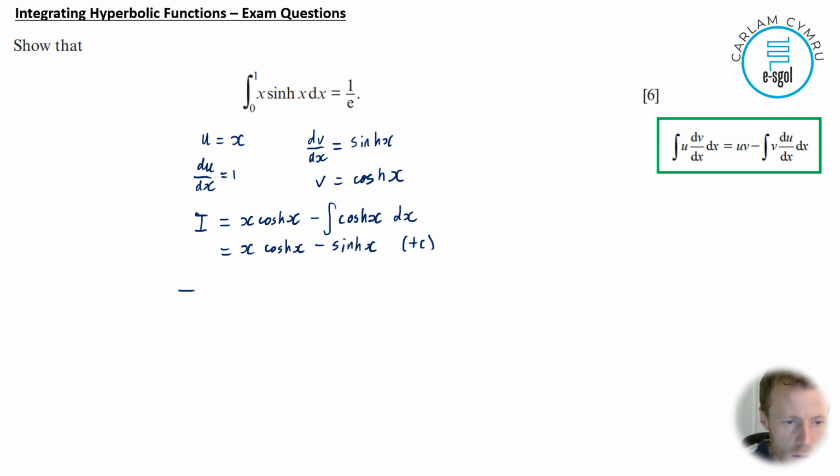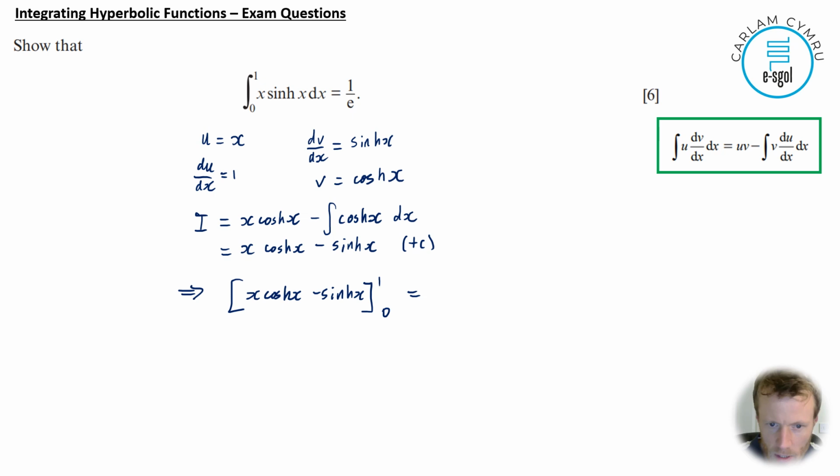I could then go and put the limits on top of this so that we get x cosh x, and we're going to integrate between the two limits now. Between 1 and 0. We want to show the answer. I can see that we're getting something involving e, so at some point I'm thinking I need to get my exponential definitions involved here. I'm not going to do it just yet.